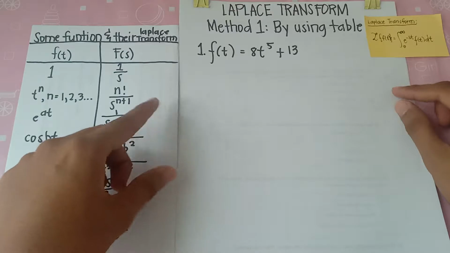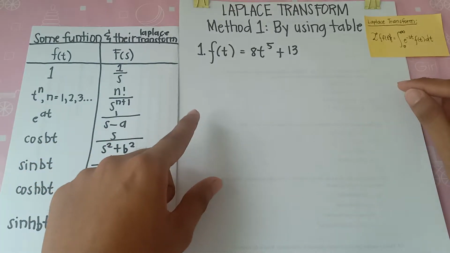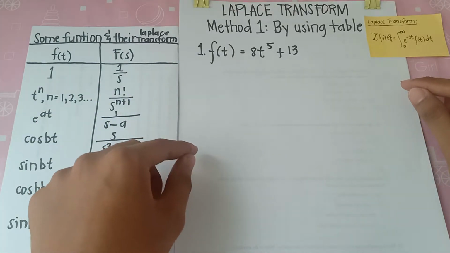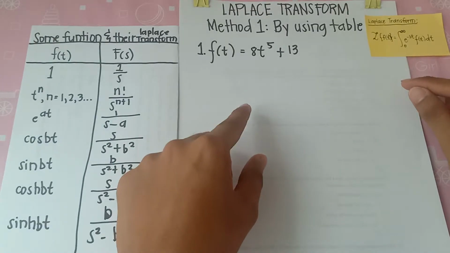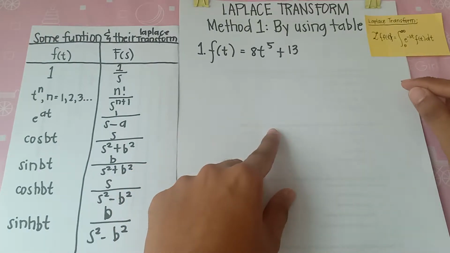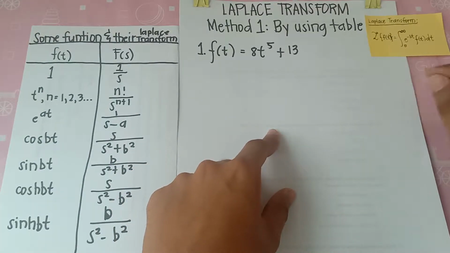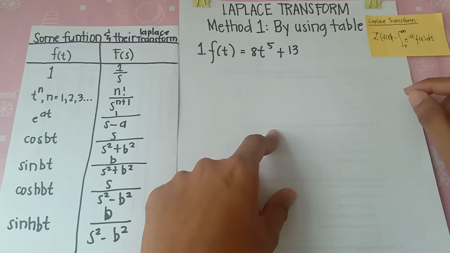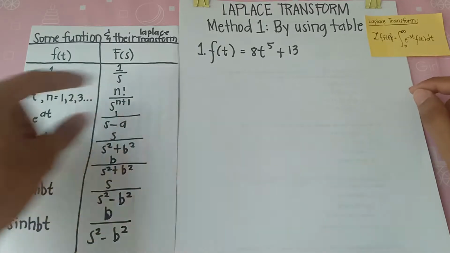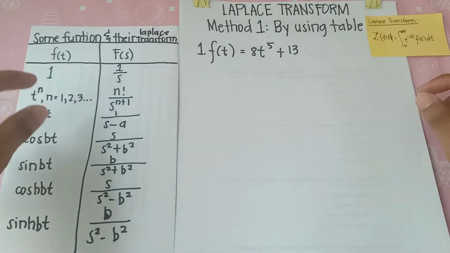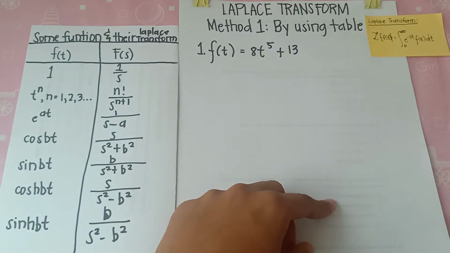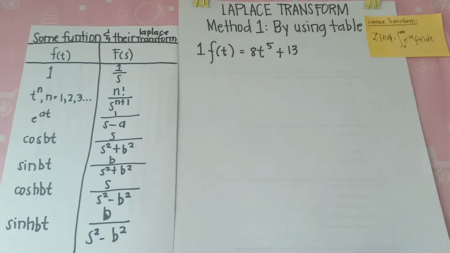Here I have f of t, or function of t, equal to 8t raised to 5 plus 13. In this video, I will discuss the first method, which is by the use of this table. So let's start.